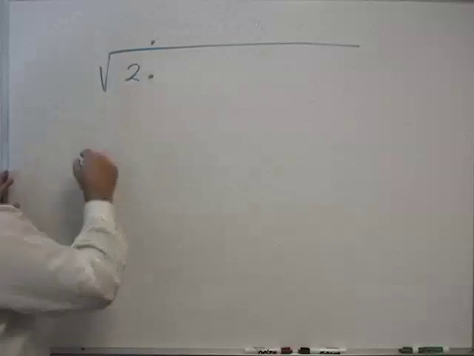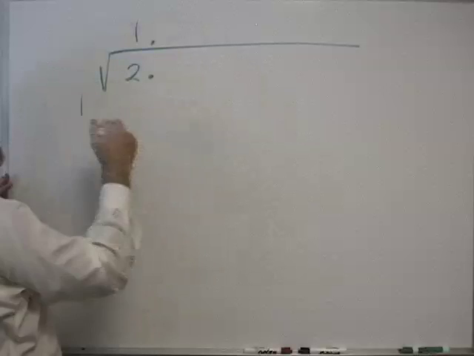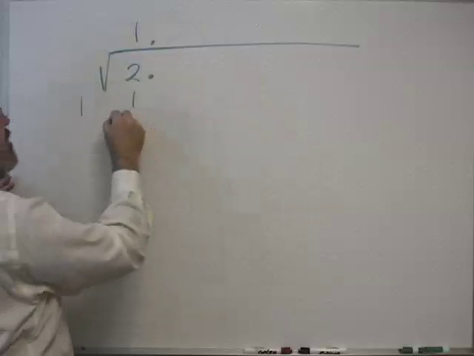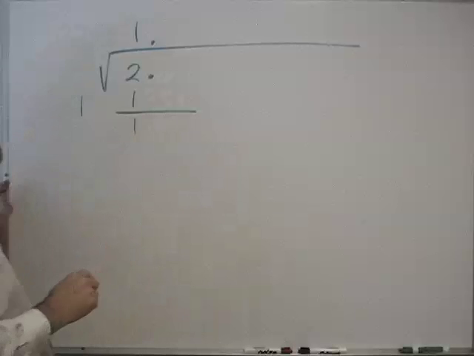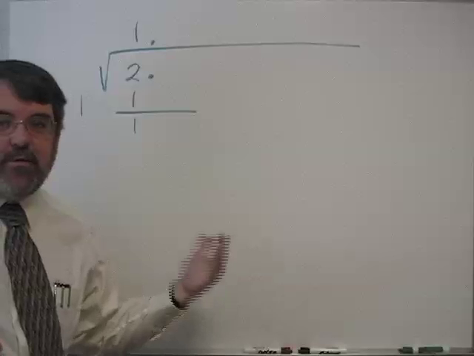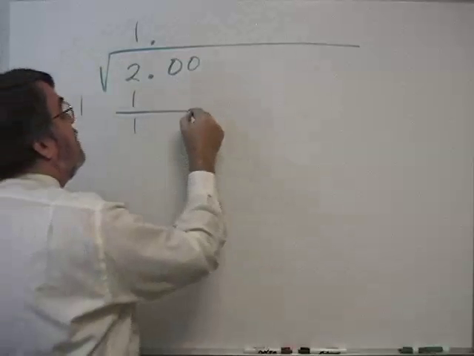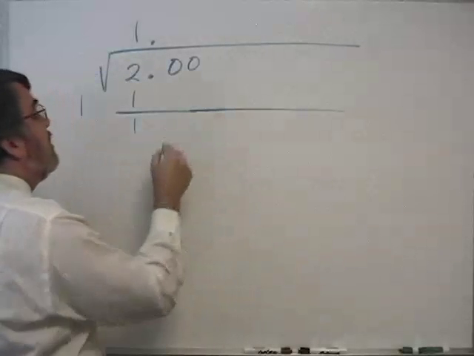Well, 1 does. So I'll put a 1 up here, and 1 times 1 is 1, and I subtract, and I get a 1. Now, instead of bringing down the next digit as you do in conventional long division, I'm going to bring down the next 2 digits, which in this case are zeros.